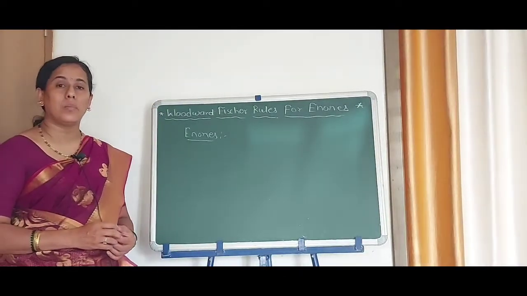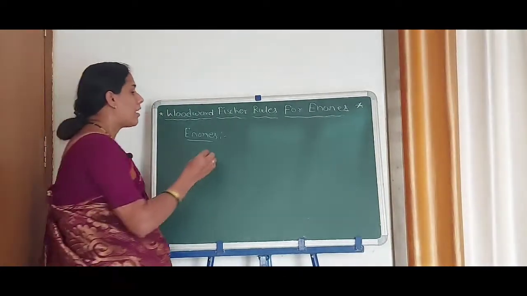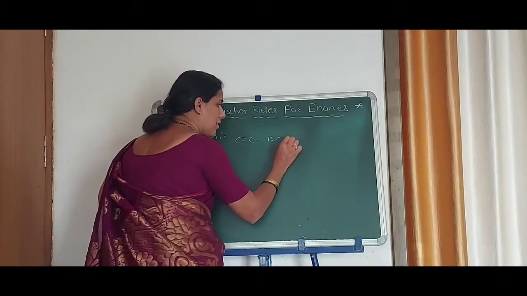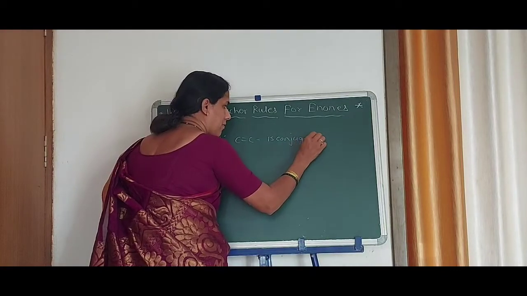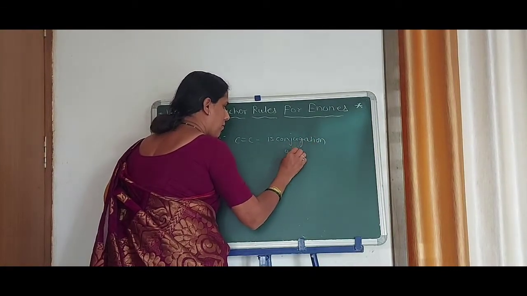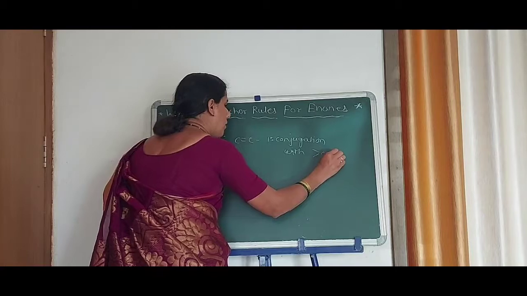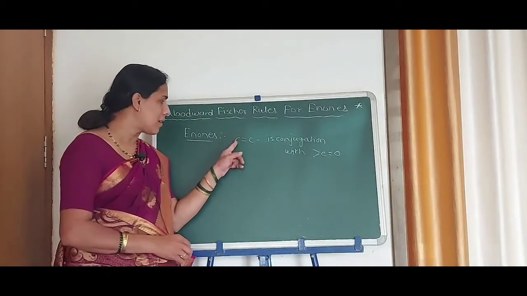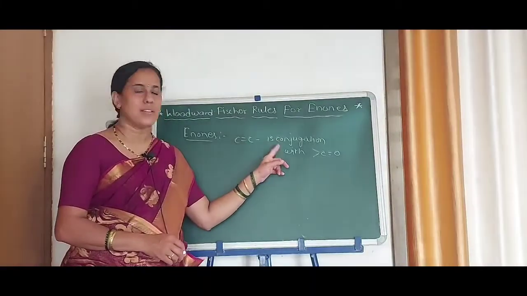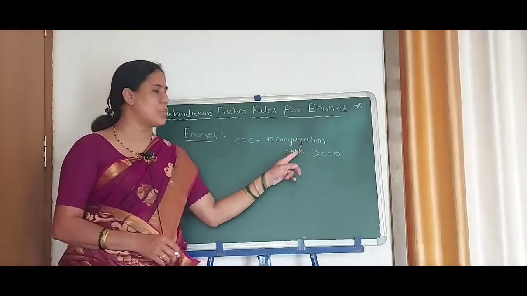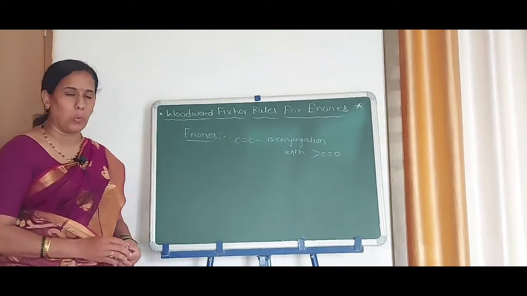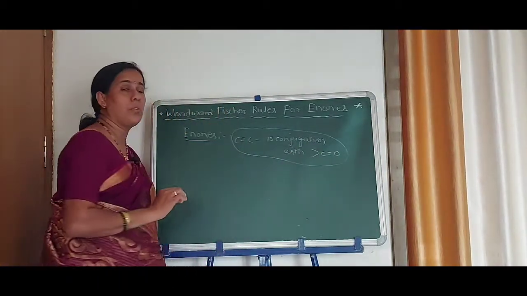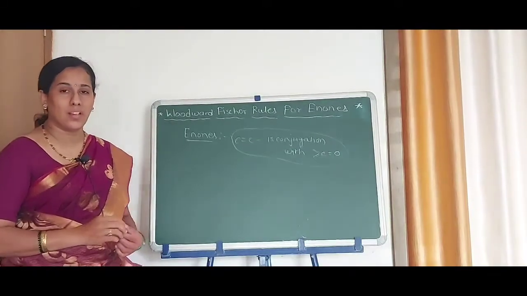Enones are the compounds in which a carbon-carbon double bond is in conjugation with C=O. The definition of an enone is a carbon-carbon double bond, that is an alkene, in conjugation with a C=O. When this linkage is present in a given compound, the compound is known as an enone.